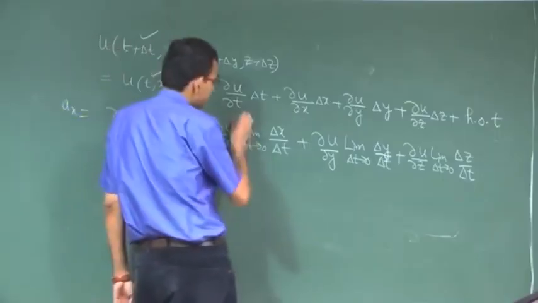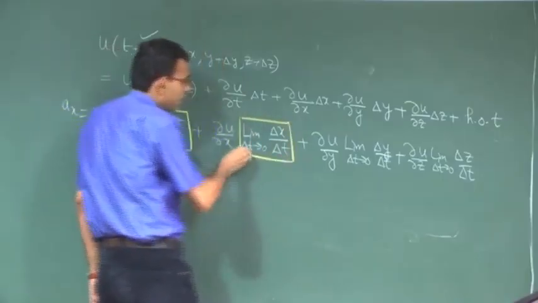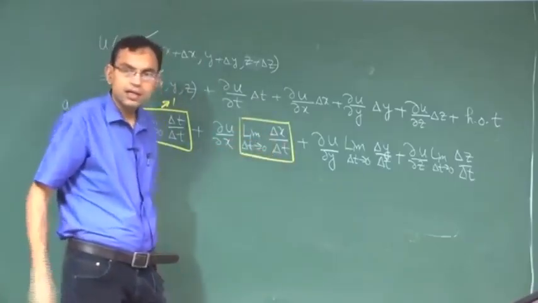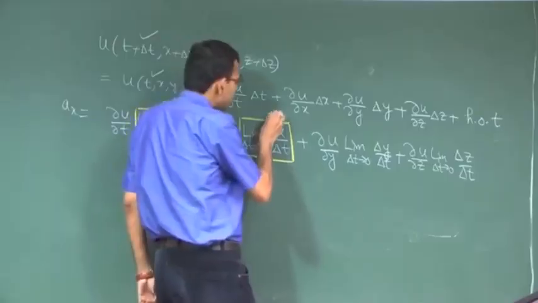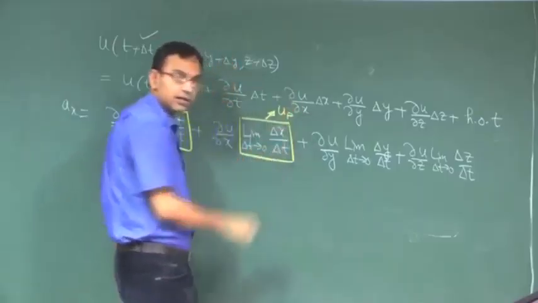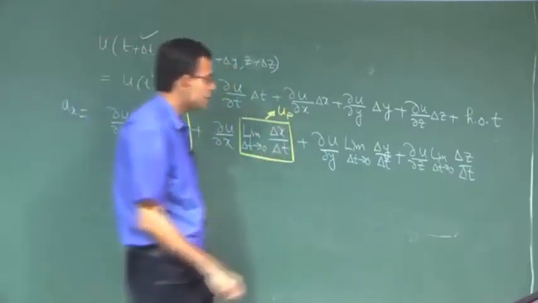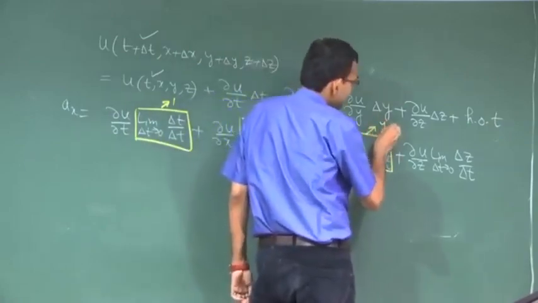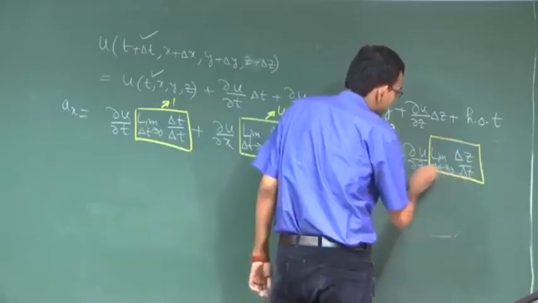What is this? Limit as delta t tends to 0 of delta x by delta t is the x component of velocity of the particle. This is the y component of the velocity of the particle and this is the z component of velocity of the particle.